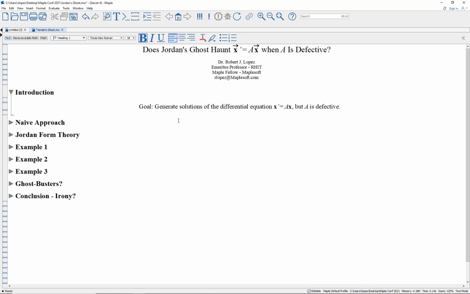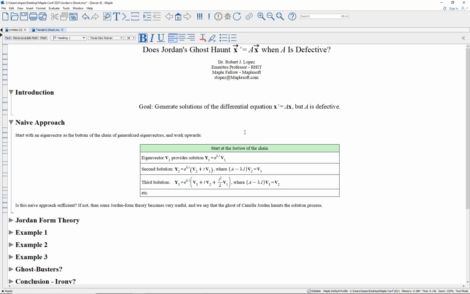So our goal here is to use some examples, generate some solutions of the differential equation x prime equals ax, but A is defective. So here is this naive approach that you'll find in most books, and they start at the bottom of the chain. They start with the eigenvector, the known eigenvector.